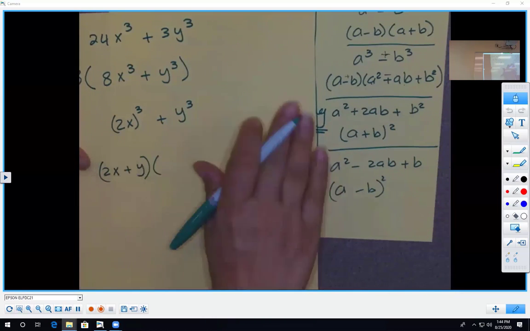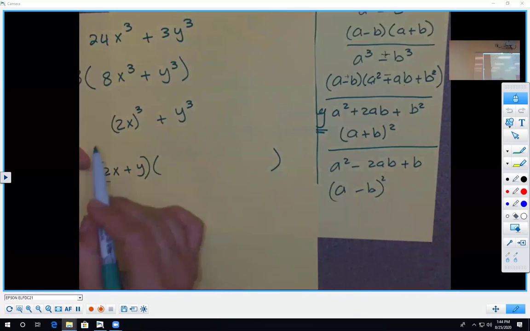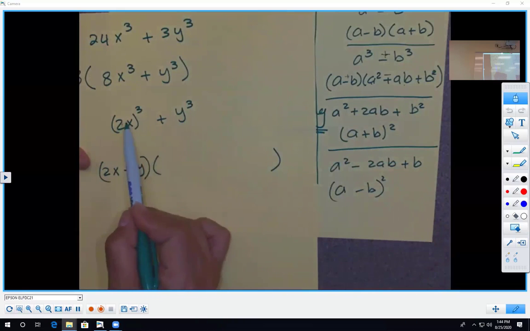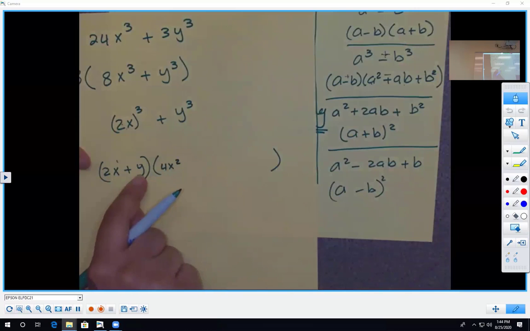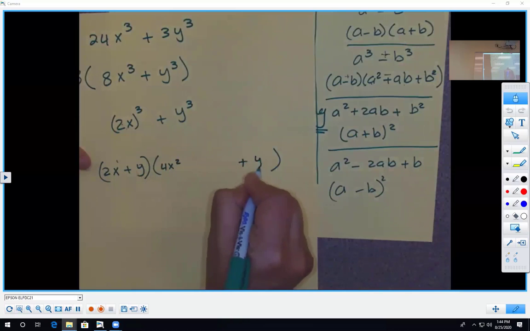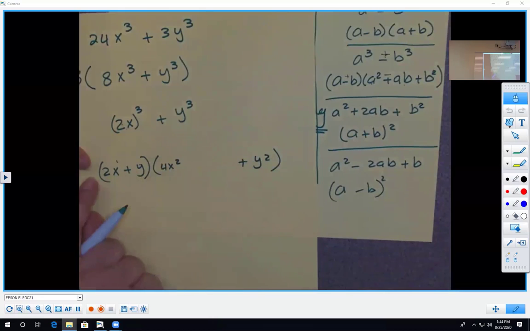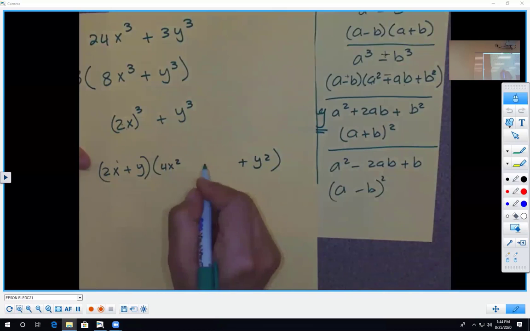So without memorizing the formula, by the way, when it's a sum of two cubes, you pick the same a and b without the exponent in the first factor. This is the 2x and the y, without the 3. And then in the second factor, you're going to square the first term, so it's a 4x squared. You're going to square the second term, so it's a y squared. In the middle here, first times second. That's all. First times second.